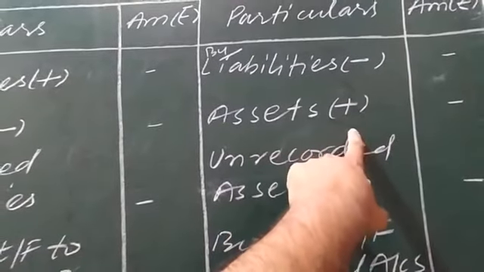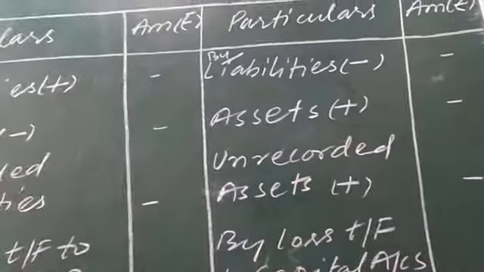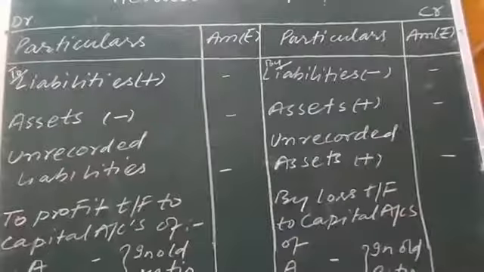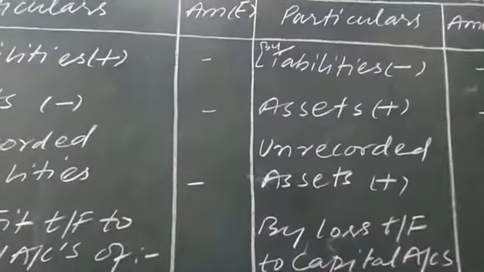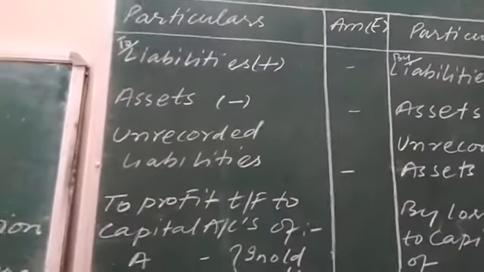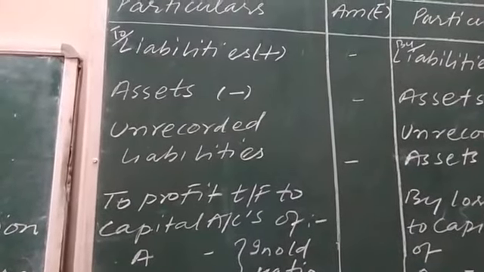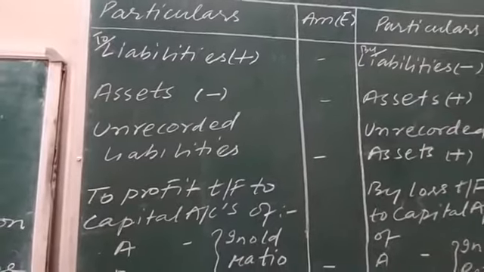That's why unrecorded assets will also be shown on the credit side. Similarly, unrecorded liability is to be shown on the debit side.